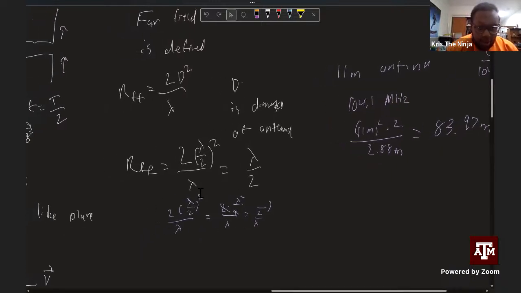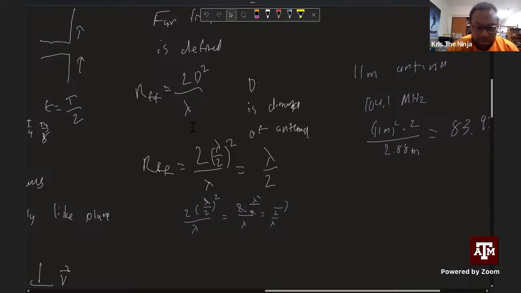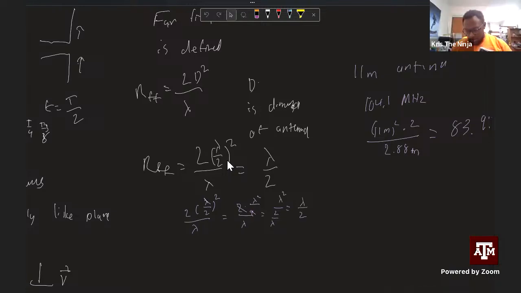So I don't know exactly where this comes from. I don't know exactly what this lambda over 2 thing is. Let me try and solve it. Wait, hold up.